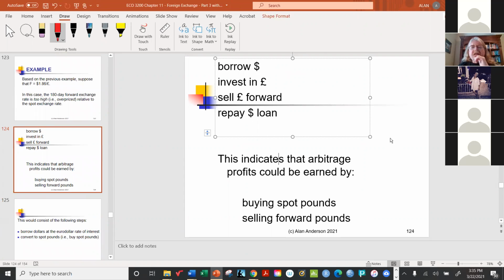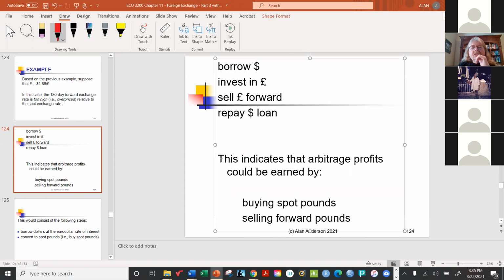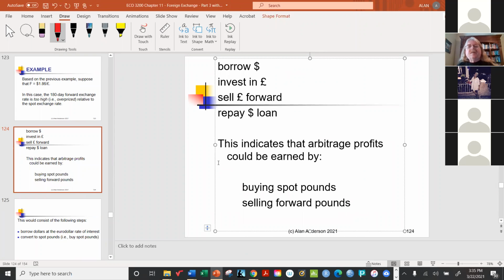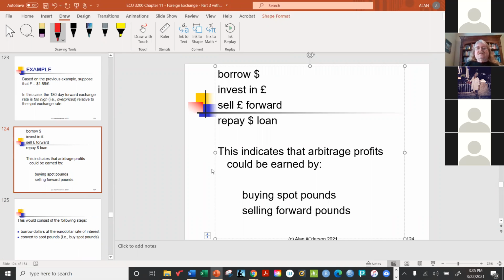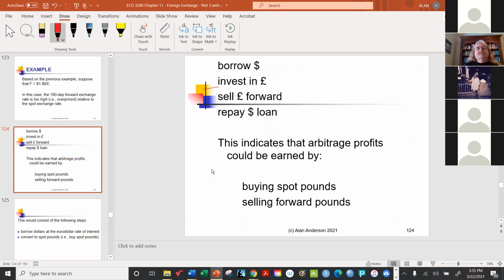Down here, I've written it as buy spot pounds, that would be this, and then selling forward pounds is this transaction. This just leaves out the fact that you're borrowing the money. If you already have this money in your pocket, you don't even need to bother with the loans. This assumes that you don't already have the money, but if you do, you have to borrow it and pay it back. If it's coming out of your own pocket, even those two steps are not necessary.